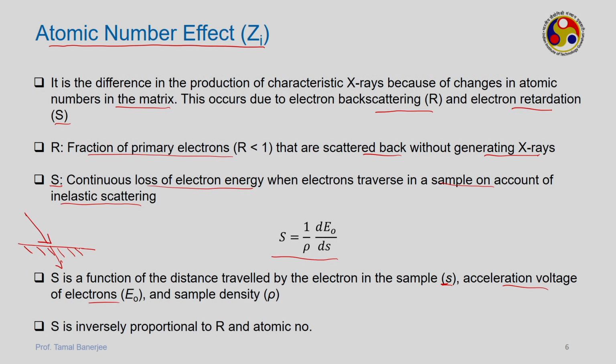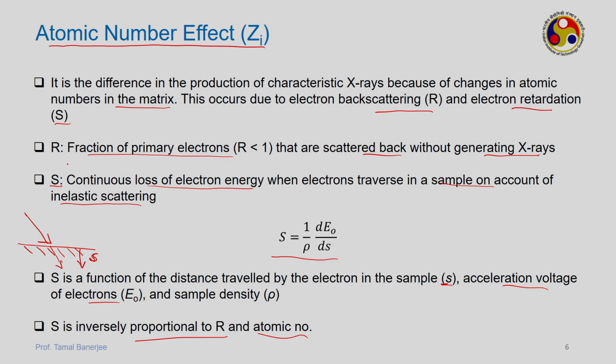How much distance it has travelled inside the sample, this is S. So, you can see that this S is the product of the inverse of the density and the derivative of the acceleration voltage with respect to the distance travelled. From this expression we can say it is inversely proportional to R and both atomic number. That is what you have to keep in mind.